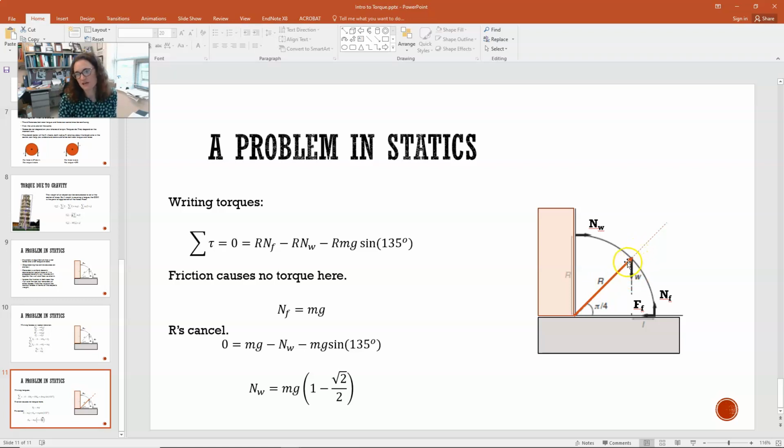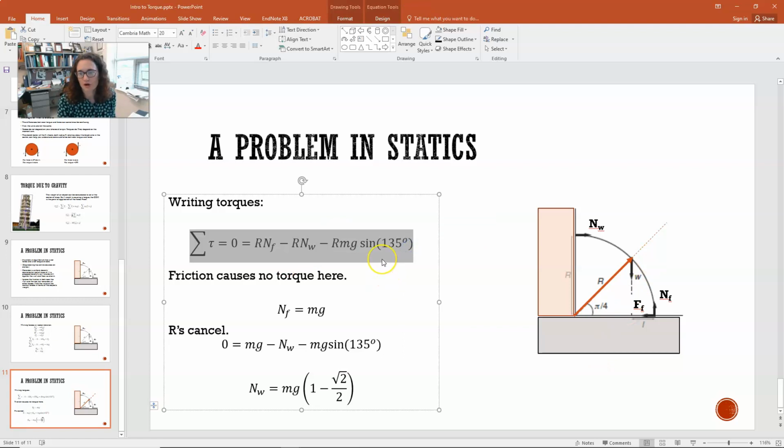In fact, if you look here, I've sketched it out. This dashed line extends, and then you can see that the weight swings down from that. So that would be a 135-degree angle in between the position vector and the force there. And it's negative, so my term for the torque for weight is going to be minus RMG sine of 135.